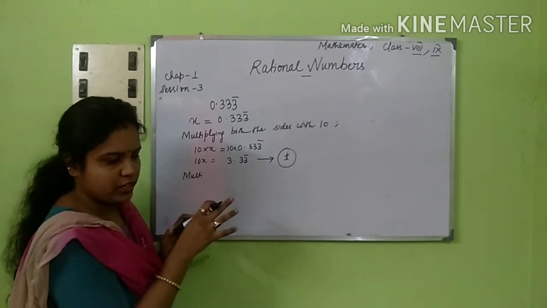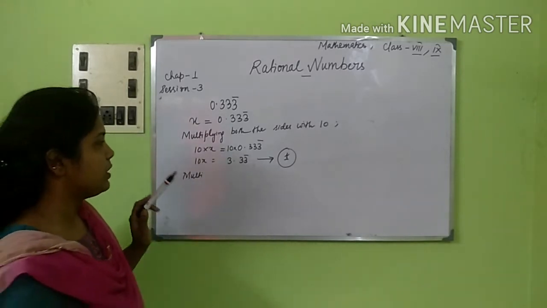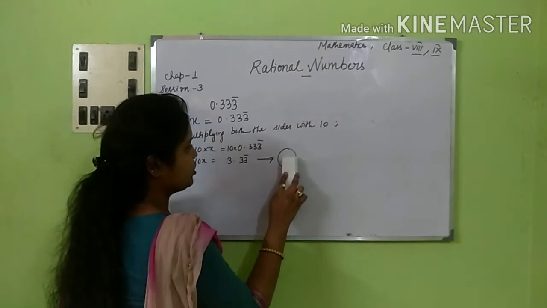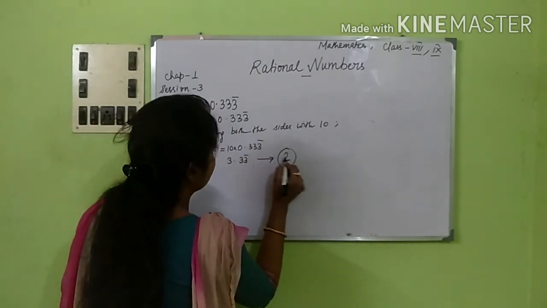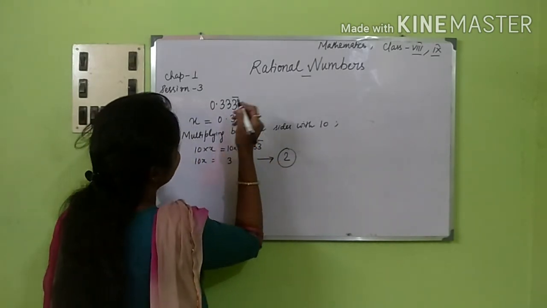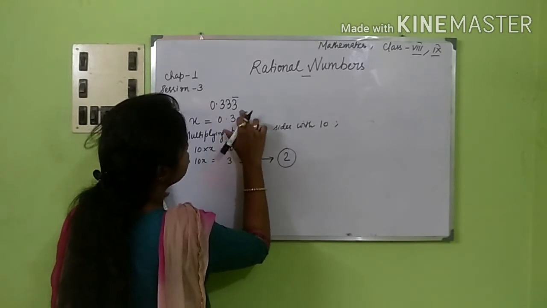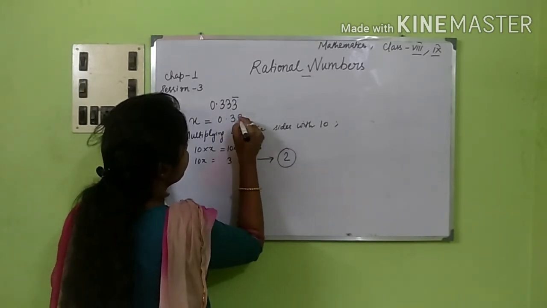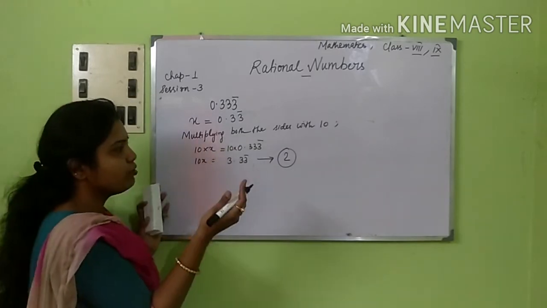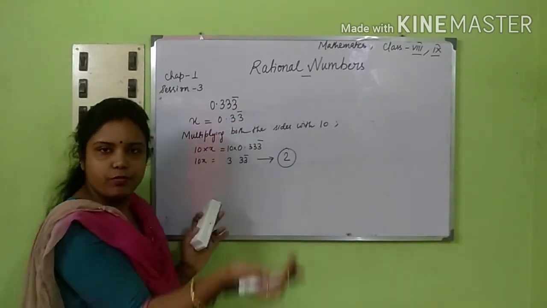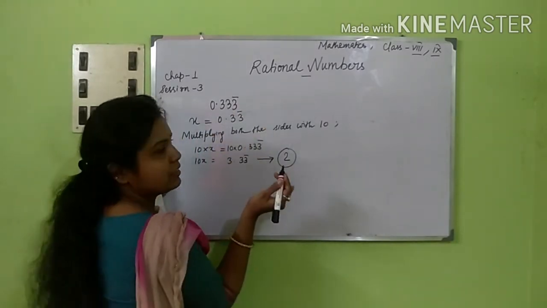You don't need to write the whole thing, you can simply write this 3 and put a bar, because you know already that this is the only digit which is repeating itself. So you can simply write this also.